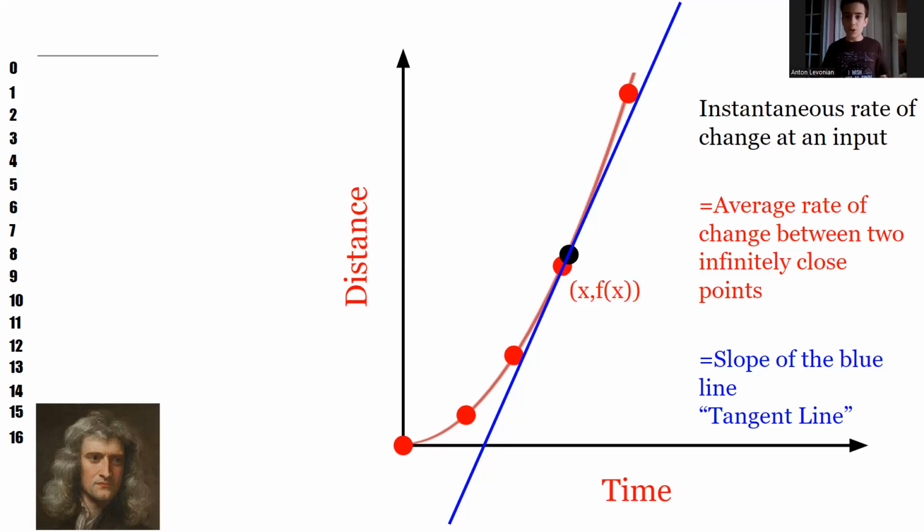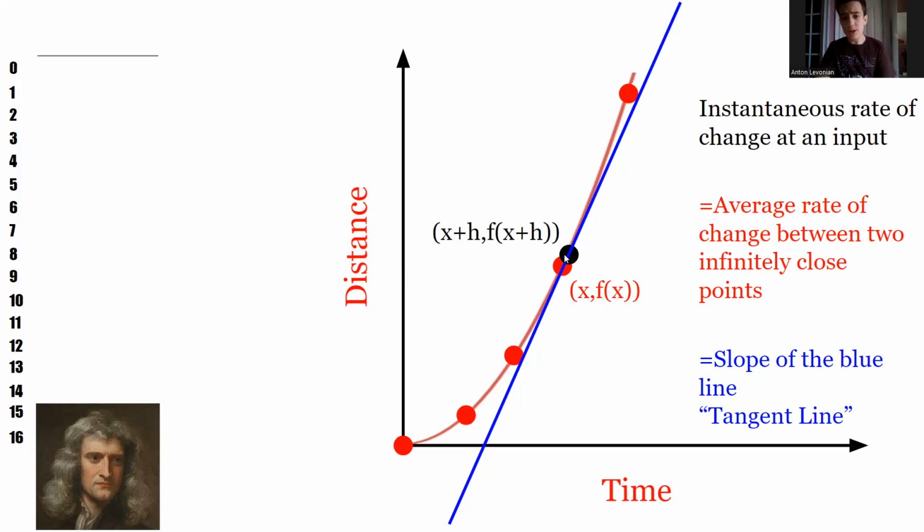So we can quantify derivatives by labeling the red point as x, comma f of x. So we can call this distance versus time relationship f of x. We can call it f of t. We can call it whatever we want. I'll call it f of x because that is how it normally appears in a calculus class.